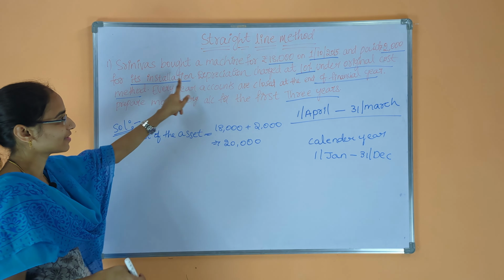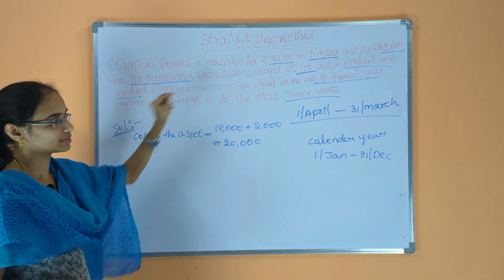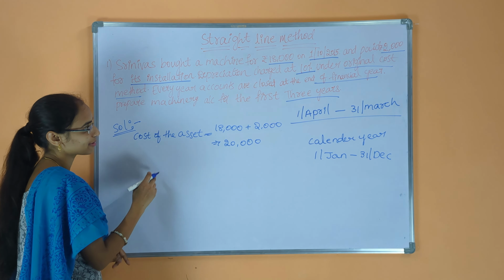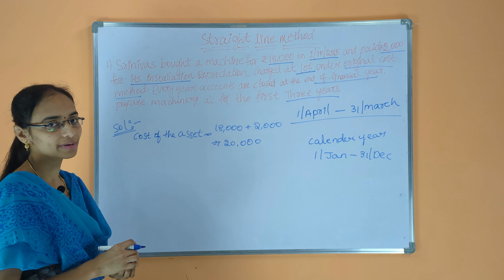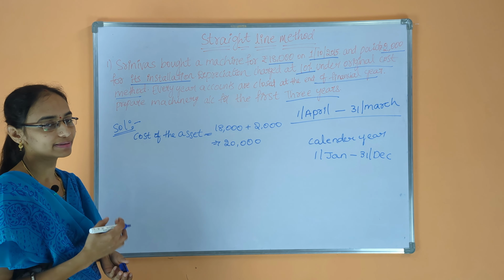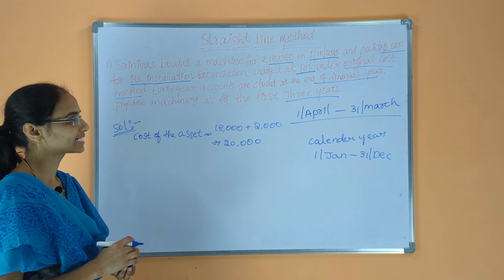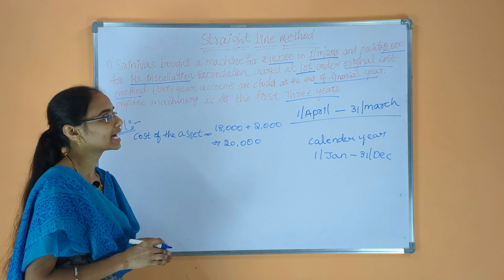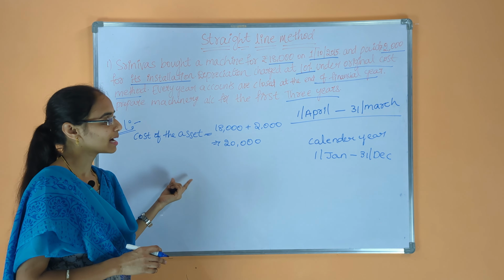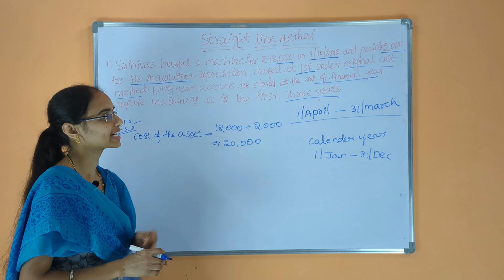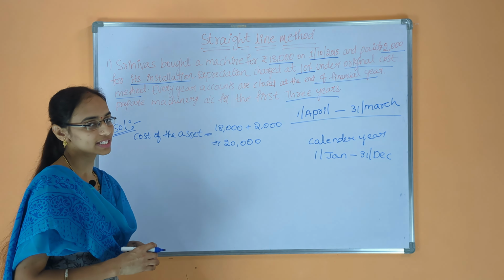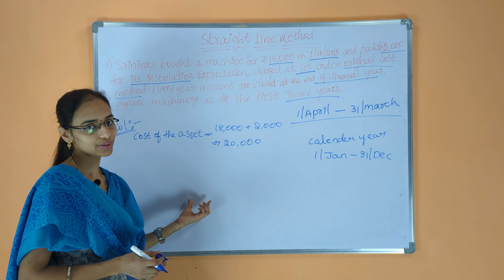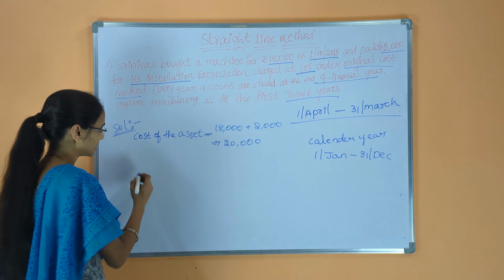Next we find the depreciation amount, the annual depreciation amount. Actually, what is the formula? Cost of the asset, and any scrap value that is there we deduct: cost of the asset minus scrap value divided by the number of years. But in this problem they have given percentages. So what is the formula? Cost into rate by 100.